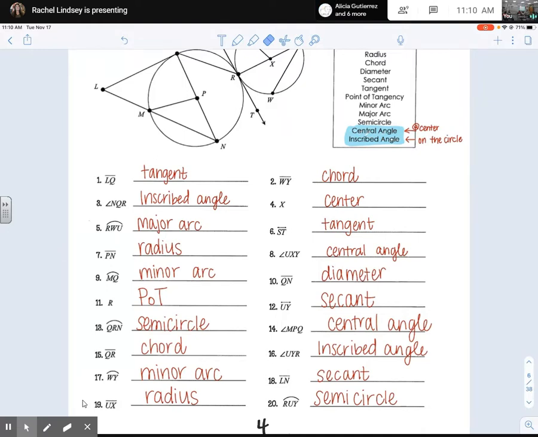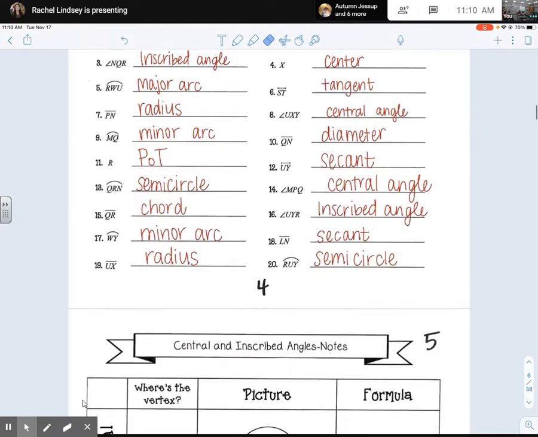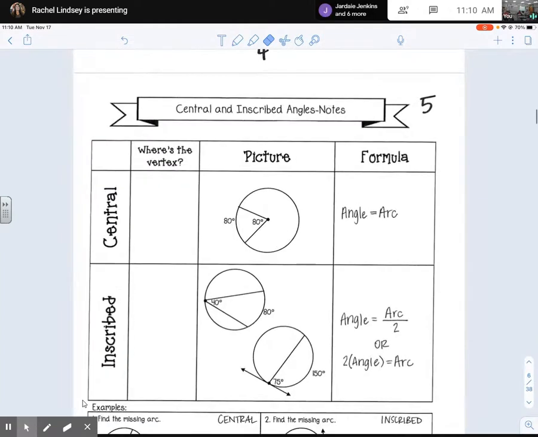Okay. So on the next page, we're going to talk about central and inscribed angles. Central angles have their vertex at the center of the circle, hence the word central.